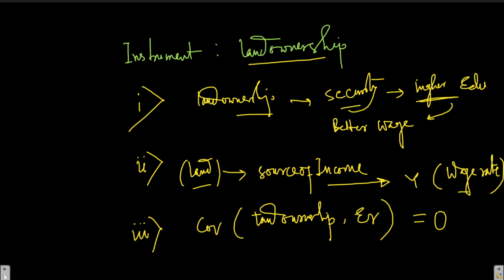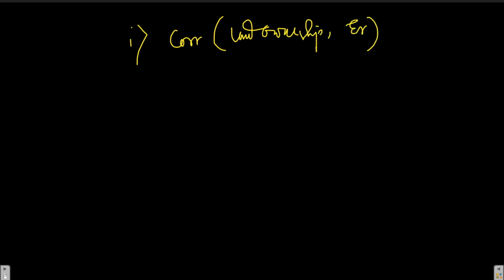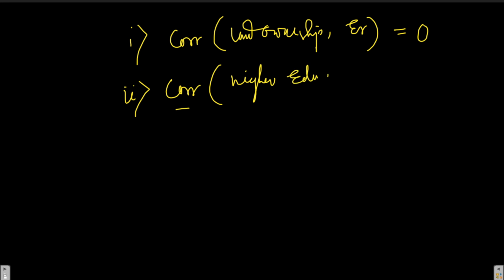Again, let me strategize. First, I'm going to see if the correlation between land ownership and the error term is equal to 0. The second condition, I am trying to check the correlation, or I can actually do a regression here, between higher education and land ownership.